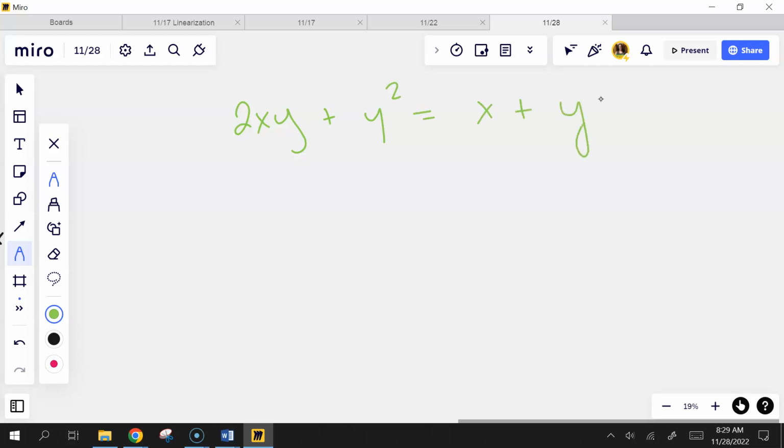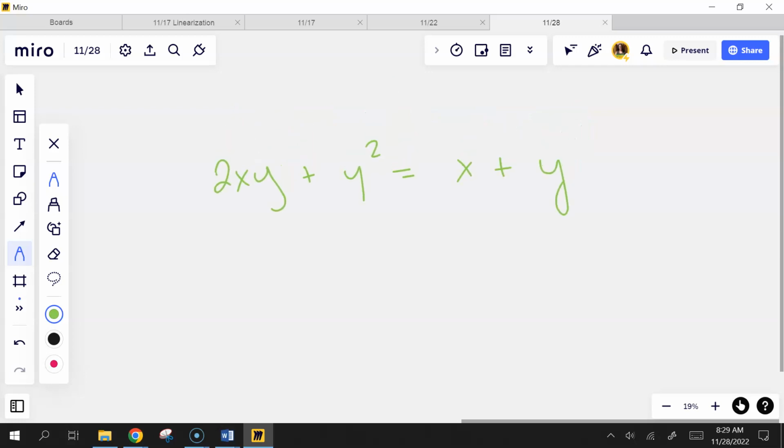Let's say if I asked you to find dy/dx here, what would you do? This goes back to that implicit differentiation. Tell me what you do. What's the derivative of the first? Derivative of the first times the second plus the first.